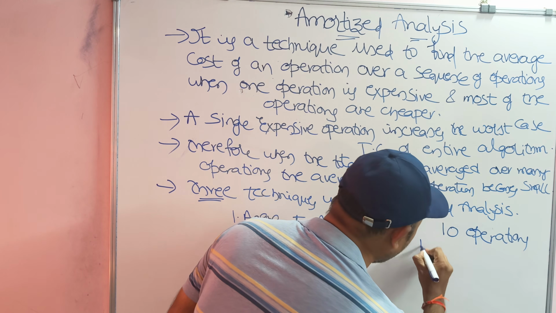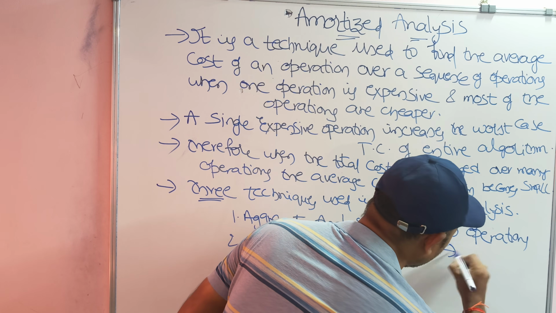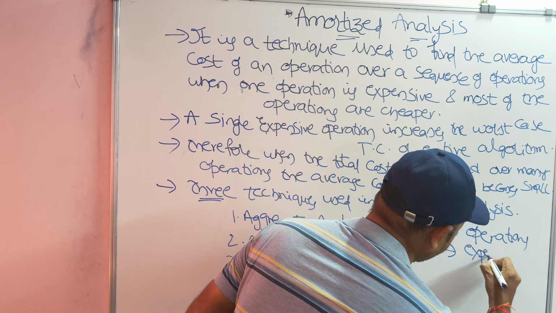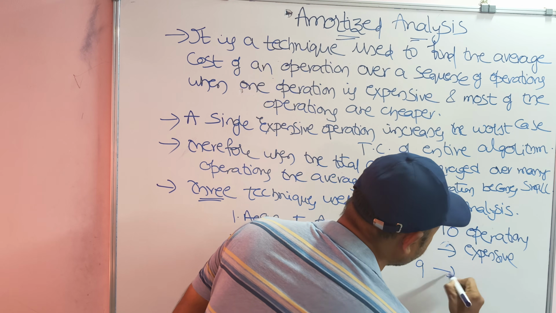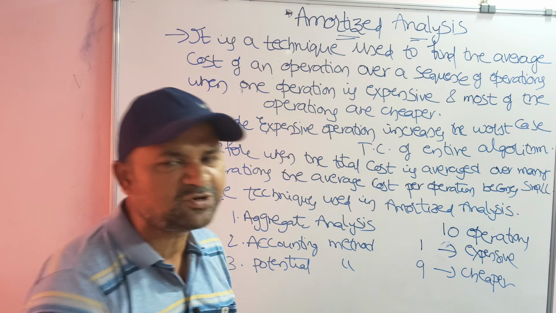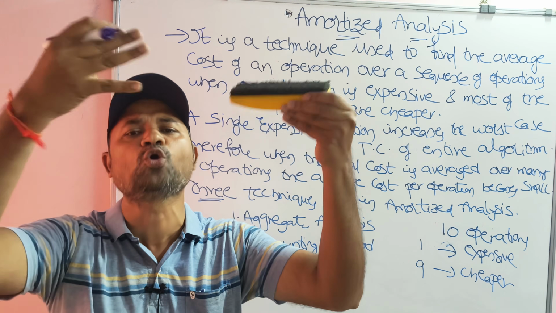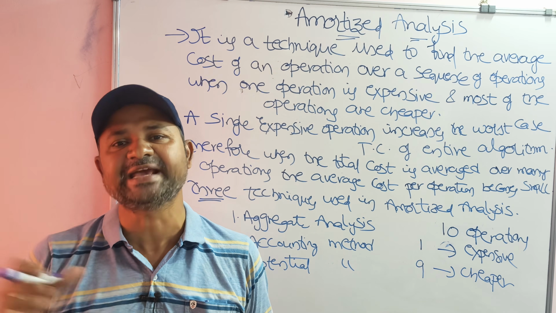Out of the 10 operations, assume that one operation is very expensive, whereas the remaining 9 operations are cheaper. Expensive means it will take more time. Cheaper means it will take less time.